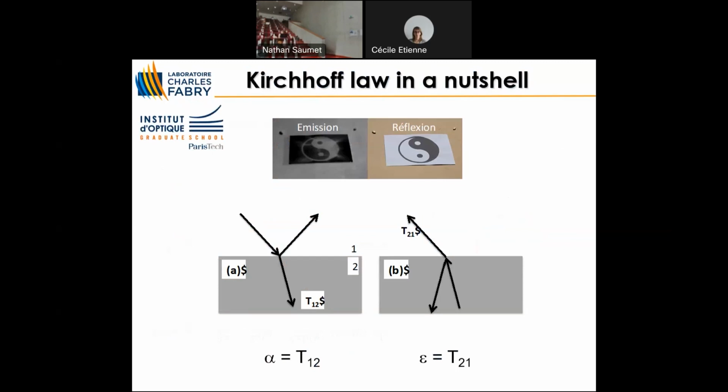So you see that emissivity is nothing but the transmission from medium 2 inside to medium 1. So emissivity is transmission of the interface from 2 to 1, and absorptivity is transmission of the interface from 1 to 2. According to reciprocity, they are equal. So that's Kirchhoff's law in a nutshell. Okay.